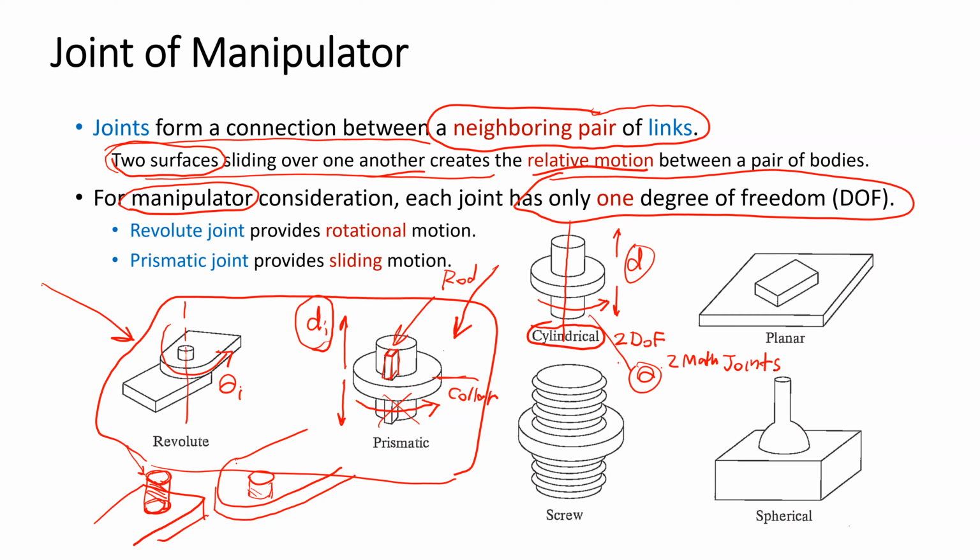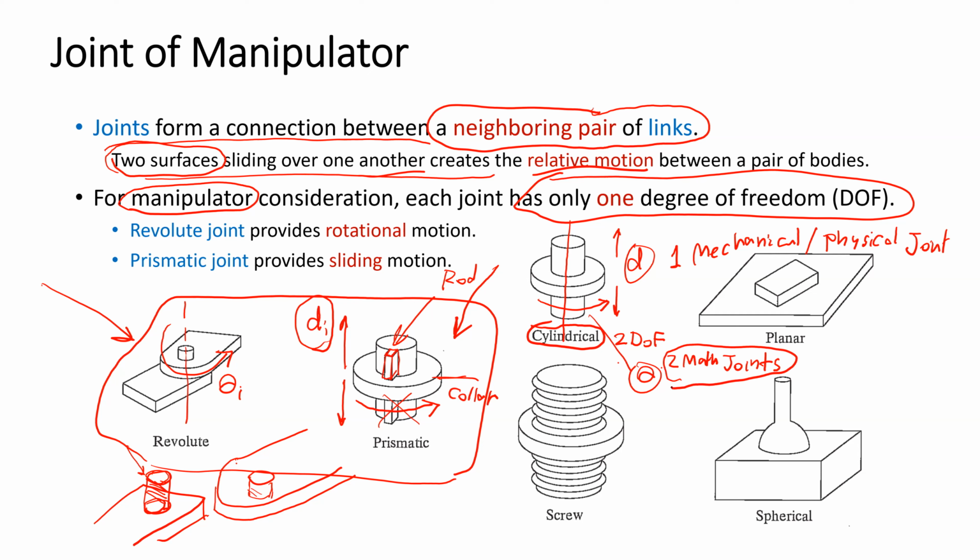The cylindrical joint is 1 mechanical joint, or 1 physical joint. But by the method we study in this class to analyze the kinematics of industrial robots, you should separate the joint to be 1 degree of freedom per joint.